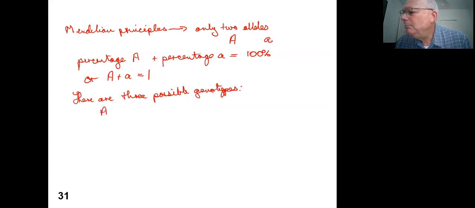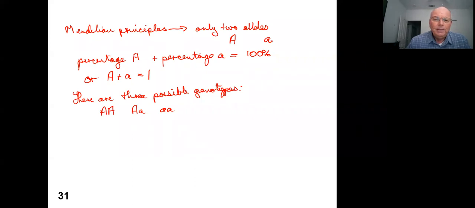Big A, big A, big A, little a, and little a, little a. Now, as I explained in the previous example, the ones that are of most importance to us here are the big A, little a individuals, the heterozygous individuals, because they are the only ones that provide alternatives.